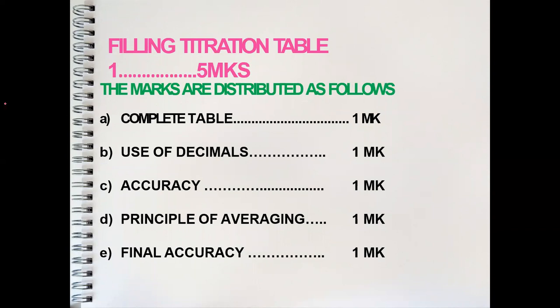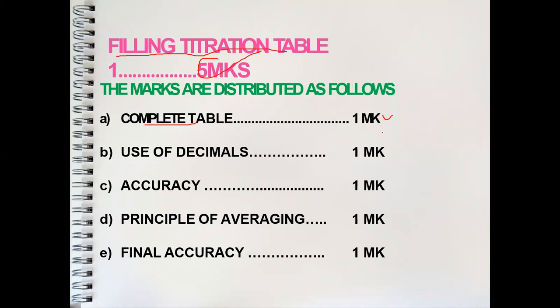We have also filling the titration table. It is always 5 marks, and this is how it is awarded. Completing the table, so long as you complete the table using realistic values.